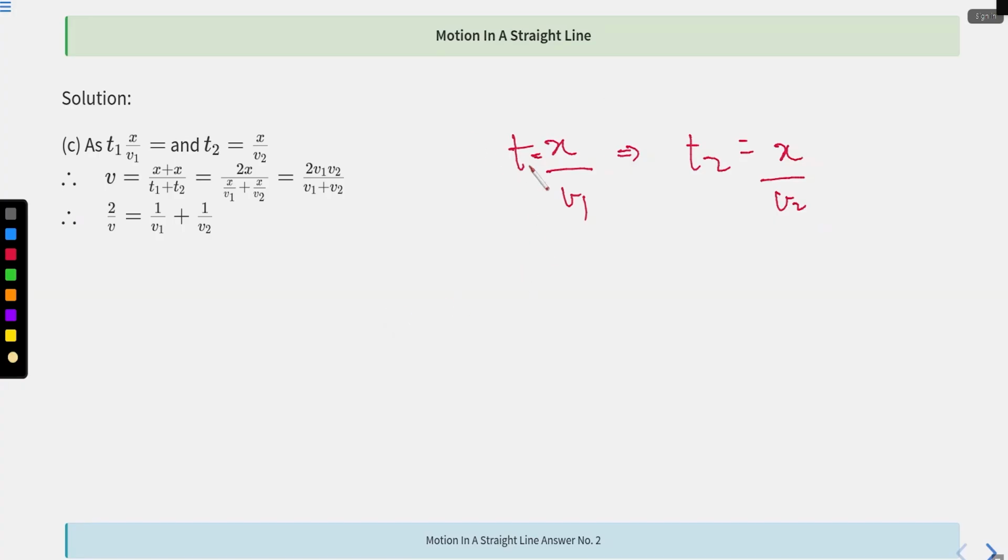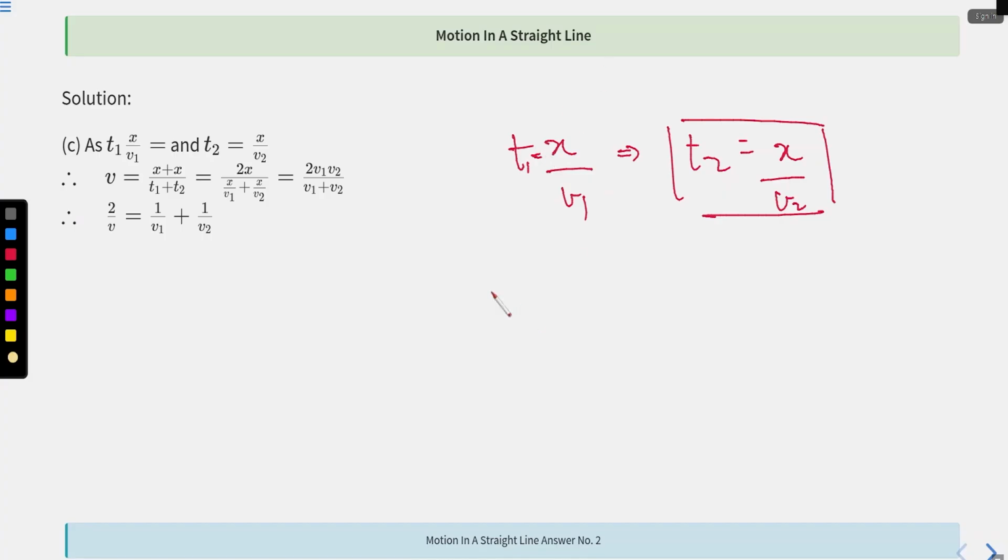This is basically the time t1 for the x distance when the person was traveling with v1 velocity, and this is the time t2 in the second situation when the same person traveled the x distance but with velocity v2. Okay, because we know that speed is equal to distance by time, correct? You just interchange velocity and time over there. So you get t1 is equal to x by v1 and t2 is equal to x by v2.